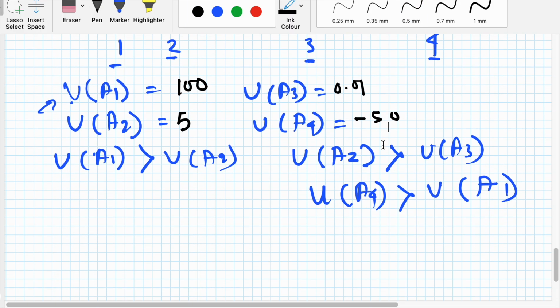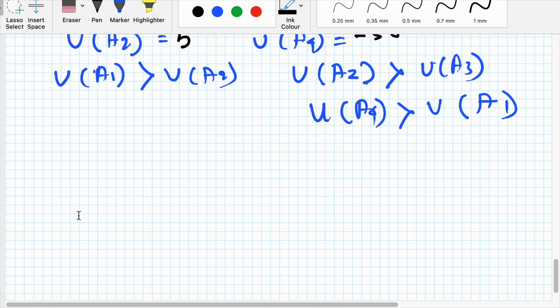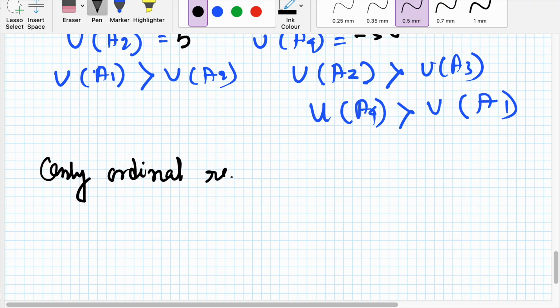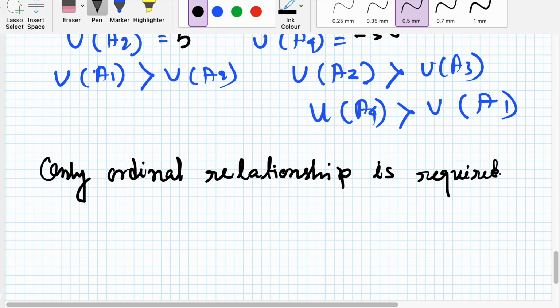So that means only the ordinal relationship is required to represent the utility.